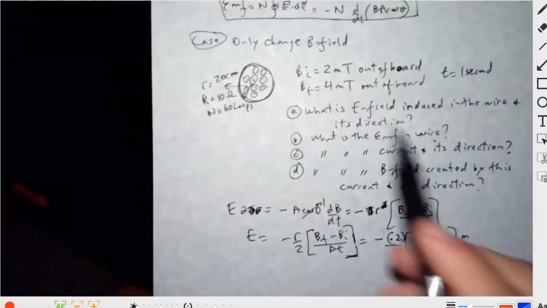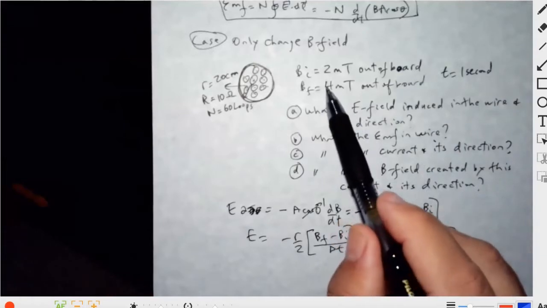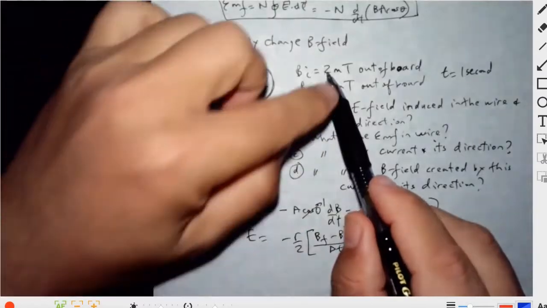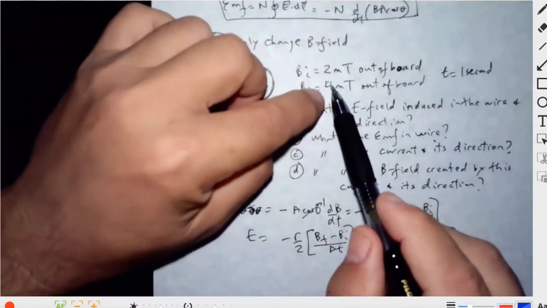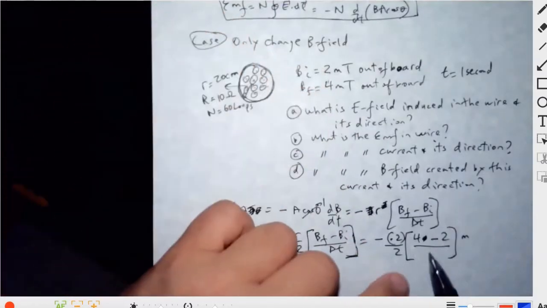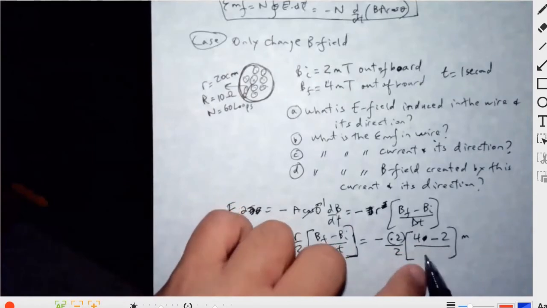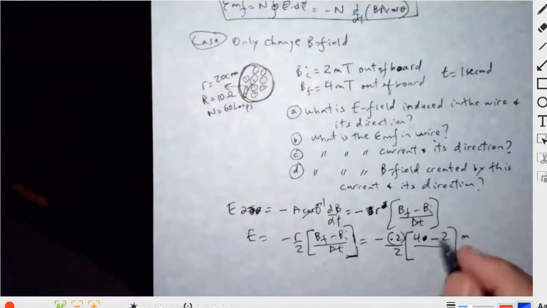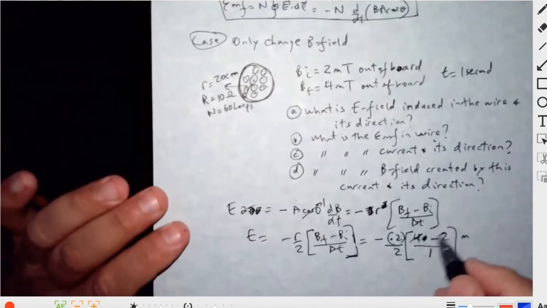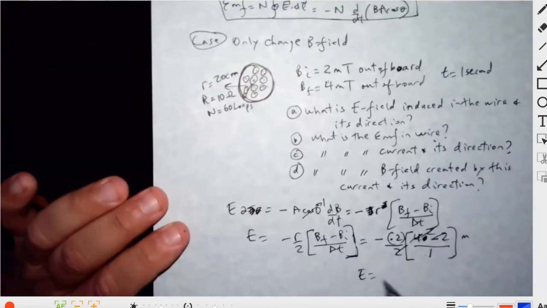In other words, the rate of change of the magnetic field is B final minus B initial over the time interval. So if the time is 1 second, we just put 1 second. Then 4 minus 2 is 2, and 2 and 2 cancel. So the electric field is negative 0.2 milli, in volts per meter.